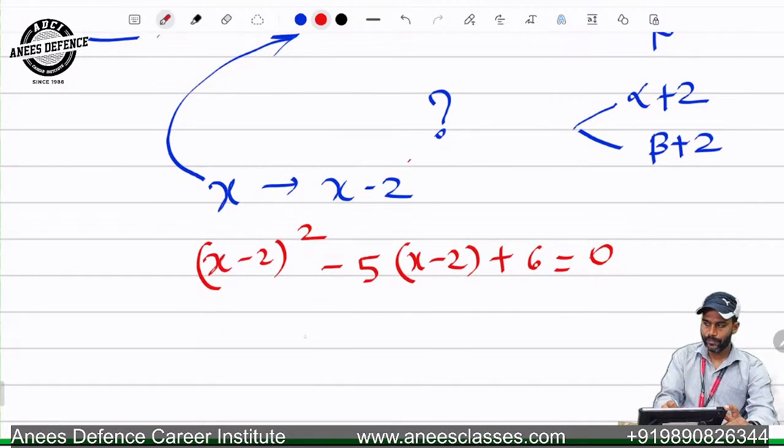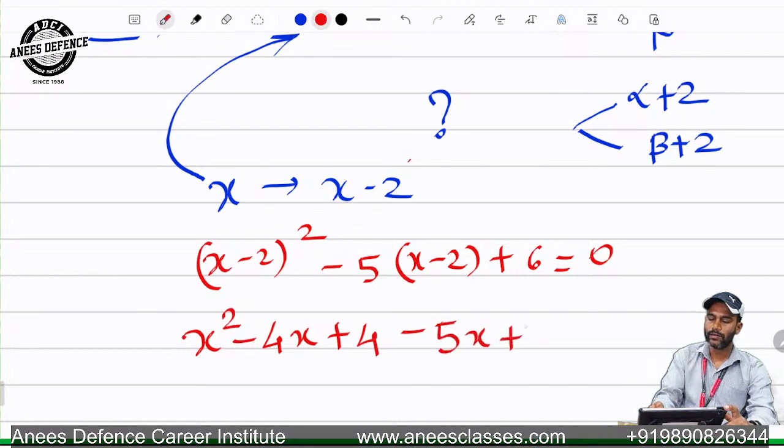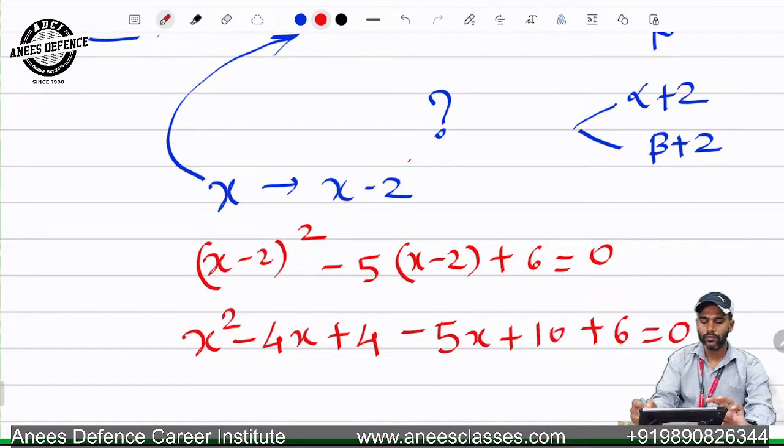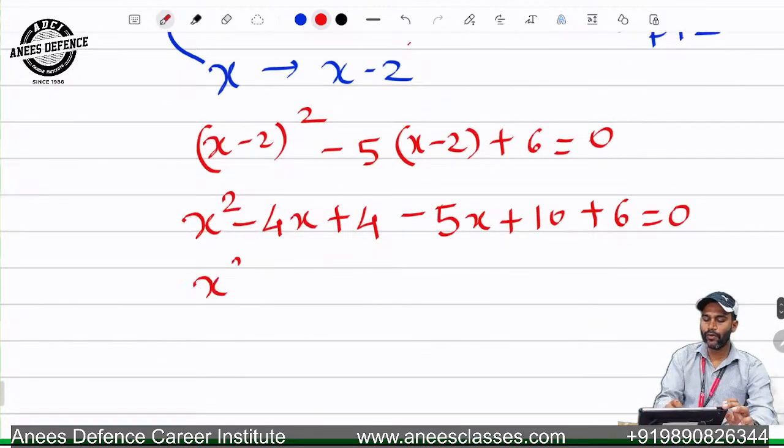So we have x square minus 4x plus 4 minus 5x plus 10 plus 6 is equal to 0. So it will give you x square minus 9x plus 20 is equal to 0.